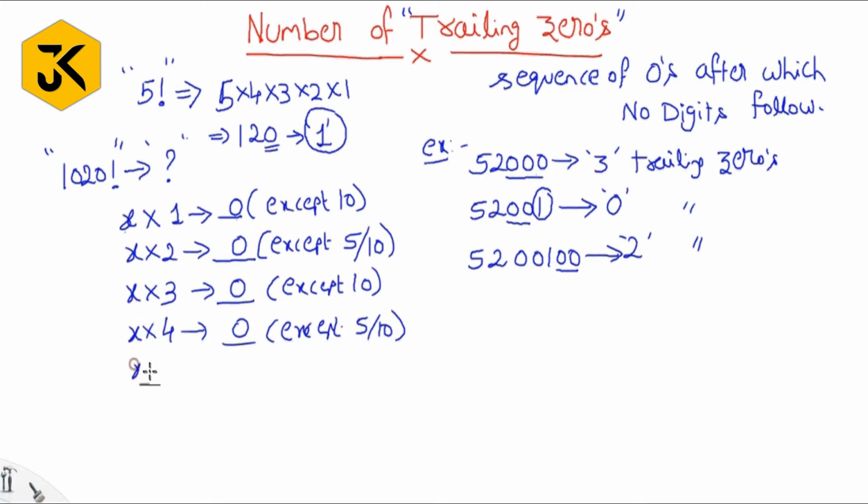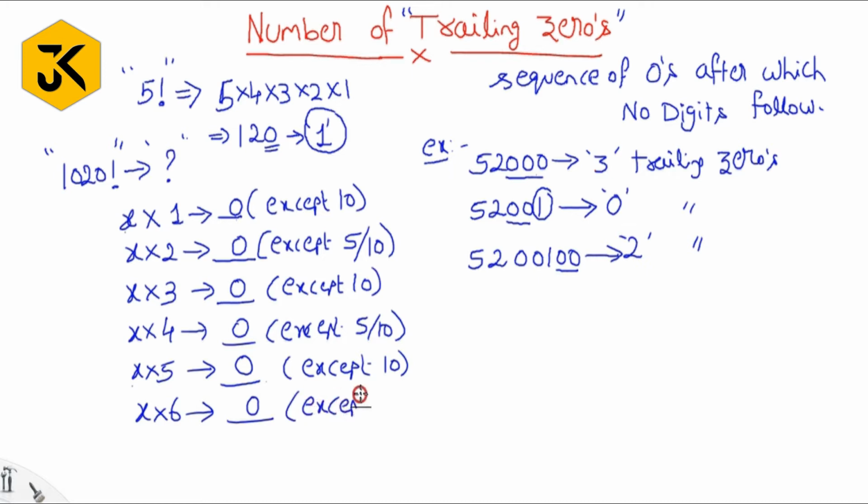Similarly, for 5, can we get a trailing zero? Yes, when x is 5 or 10. When this x value is 10, then you will get at least one trailing zero. In all the remaining cases, you won't. Similarly, for 6, only when x is either 5 or 10.